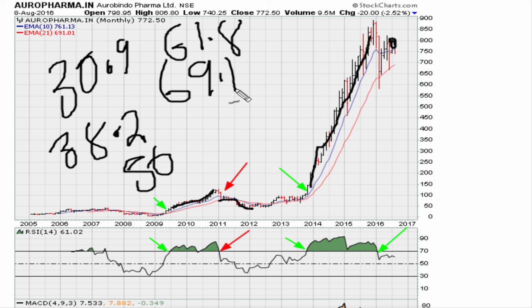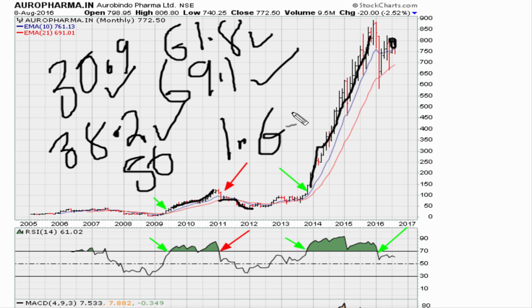Of course, I'm oversimplifying this, but in the description I'm going to add the video link to the explanation of where we get all these RSI levels and where the numbers come from. The numbers come from the Fibonacci constant of 1.618.